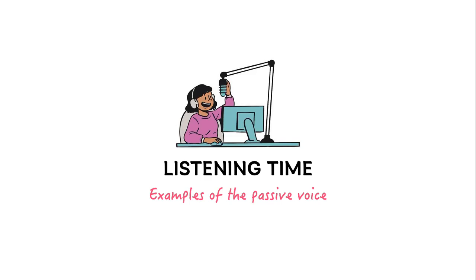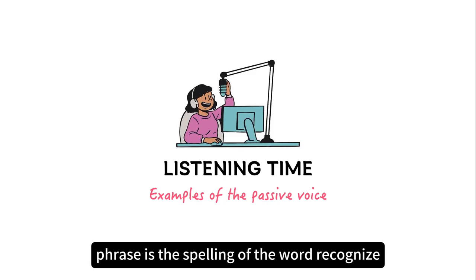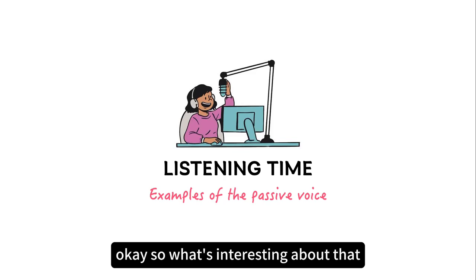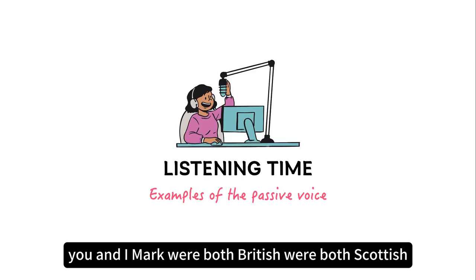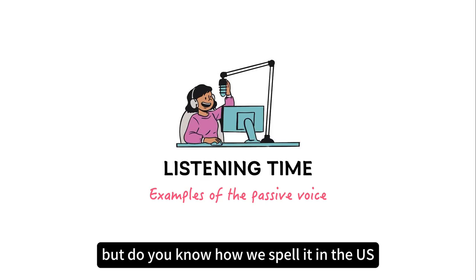The next thing that is interesting to notice in this phrase is the spelling of the word recognize. Okay, so what's interesting about that? Well, you and I, Mark, we're both British, we're both Scottish, so we spell this word R-E-C-O-G-N-I-S-E. But do you know how we spell it in the US?